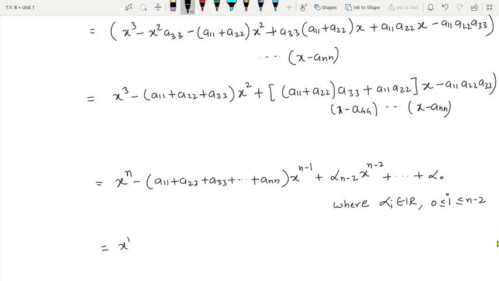And this is nothing but x to the power n minus the trace of A, right?